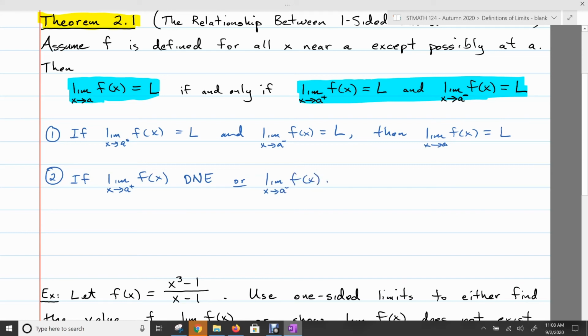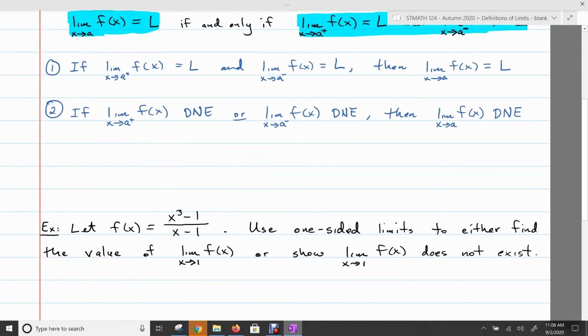If either one of those one-sided limits does not exist, then the two-sided limit does not exist. This can happen whenever the function has an asymptote or something like that, and maybe it's going to infinity. We'll be talking about infinite limits pretty soon, so we'll make that a bit more precise.